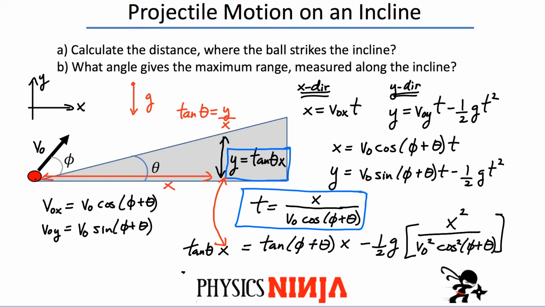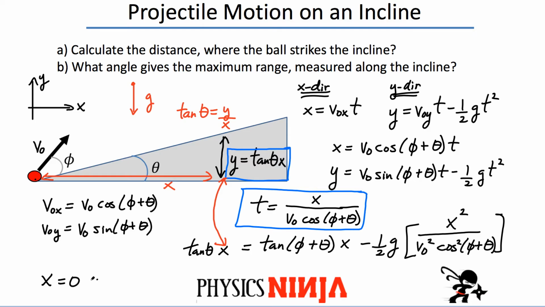Now this looks like a nasty equation, but it simplifies pretty nicely. You can already see one of the solutions, right? We automatically have that x equals 0 is a solution to this equation. Substitute x equals 0 here, you get 0 here, you get 0 here, and you get 0 here. That's one of the solutions.